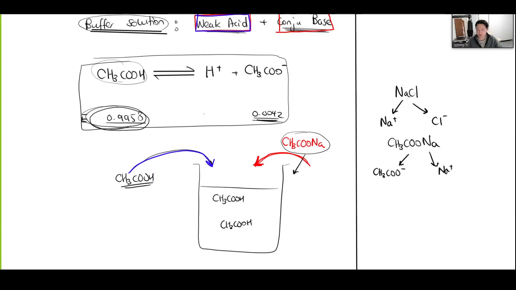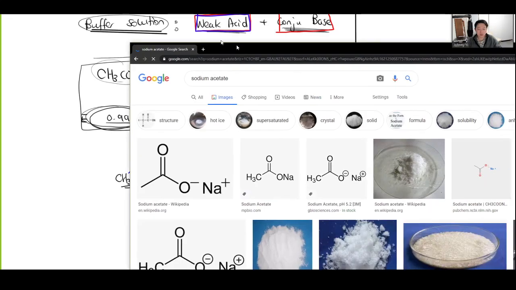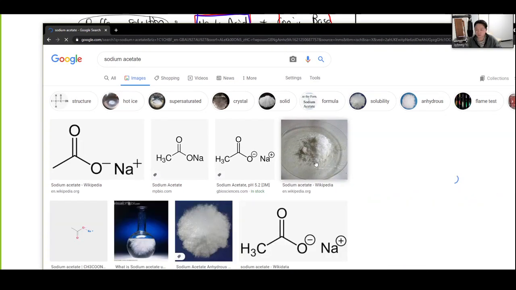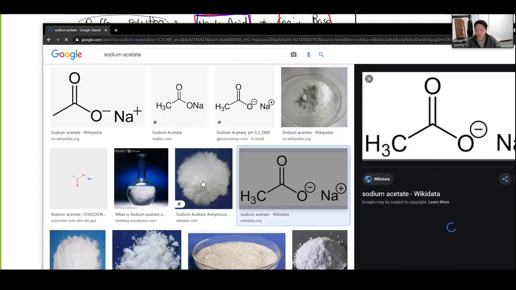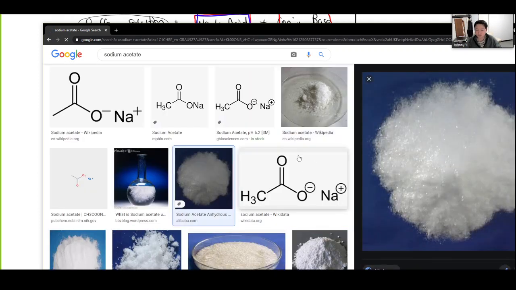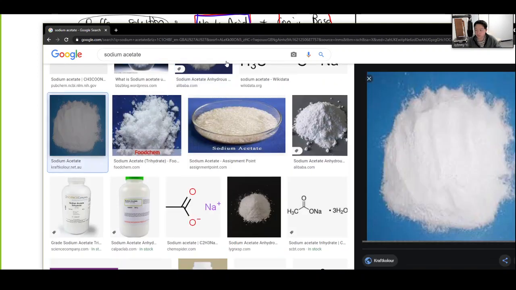Okay, where is the internet? So it looks pretty much like regular salt, just a white powder. Yeah, it's just a white powder.